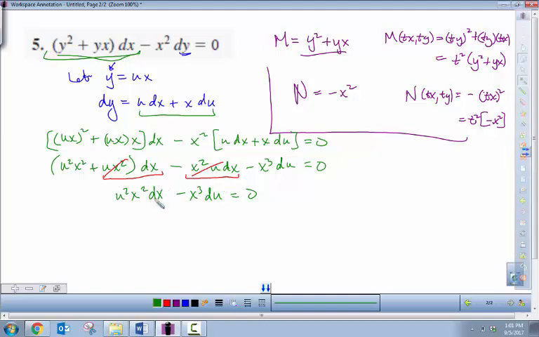Let's see if we can separate this. u squared x squared dx equals x cubed du. And let's bring all the x squareds over to the other side. Well, you can divide out and then x squared over x cubed.